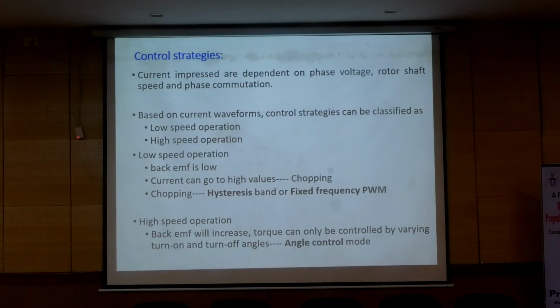So then the torque can only be controlled by varying the turn on and turn off angles of the rotor position. So under high speed operation of the machine, we go for the angle control mode. So this is how we need to understand the lower speed range and higher speed range, to devise the appropriate controller.